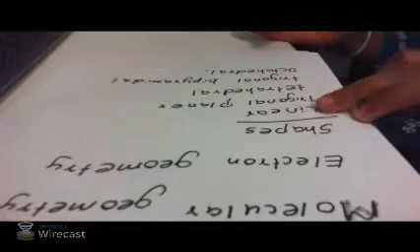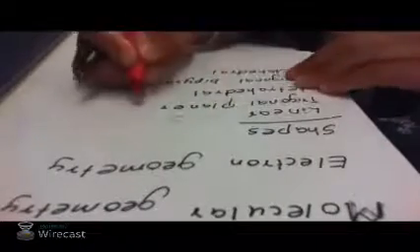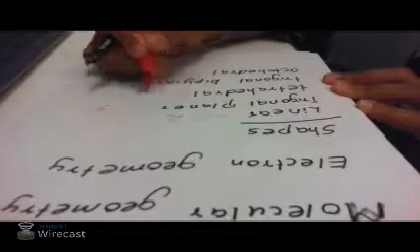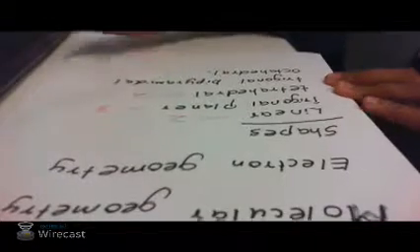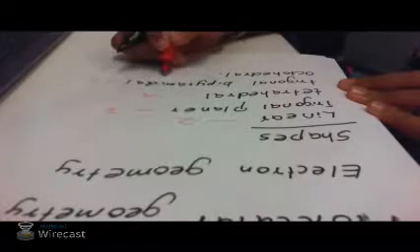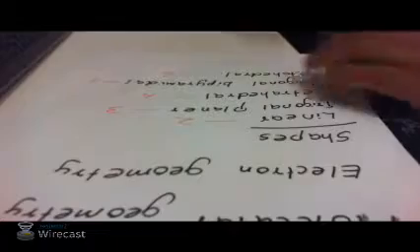So basically, two electron groups around the central atom, linear. Three electron groups around the central atom, trigonal planar. Tetrahedral, four electron groups. Trigonal bipyramidal, five electron groups. Octahedral, six electron groups around the central atom.